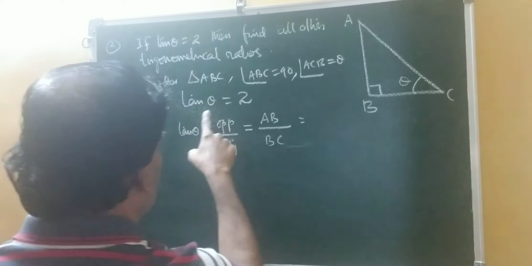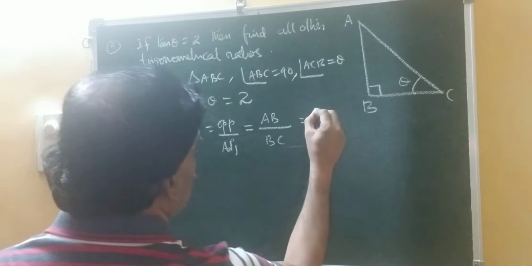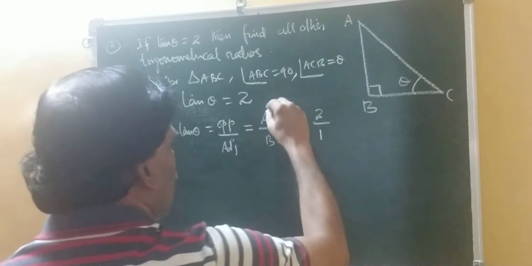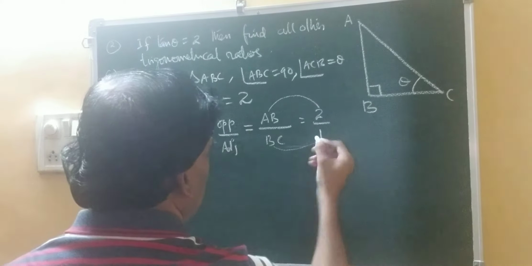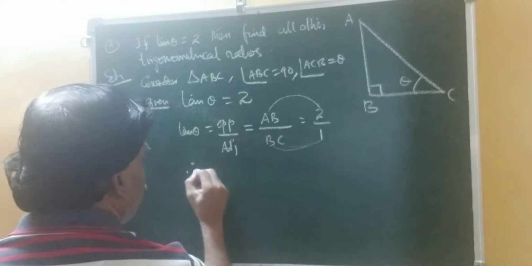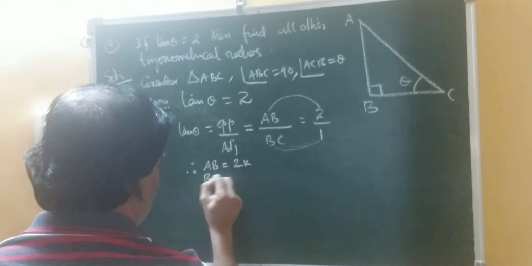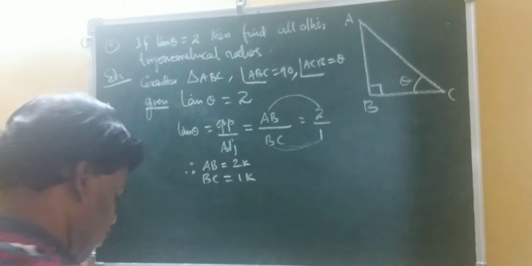What is given? Tan theta equal to 2. That means 2 upon 1 is given. That means AB is 2K, BC is equal to 1K.